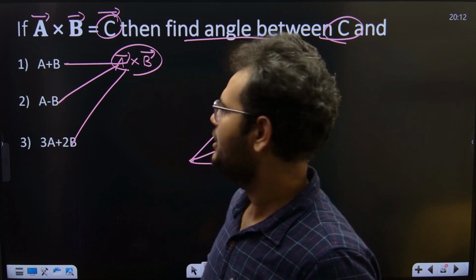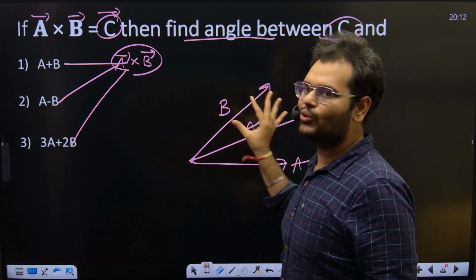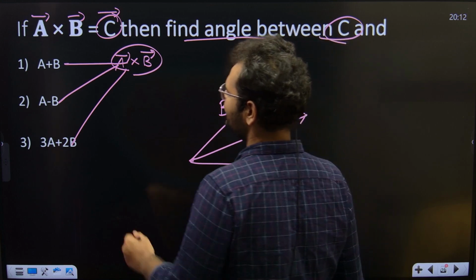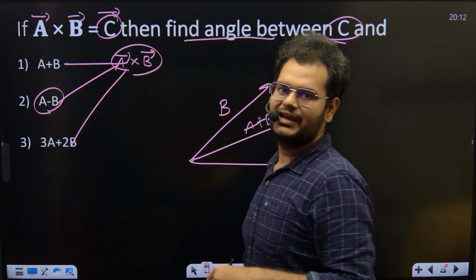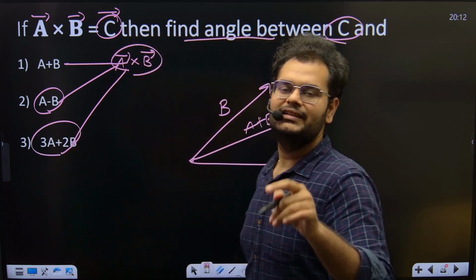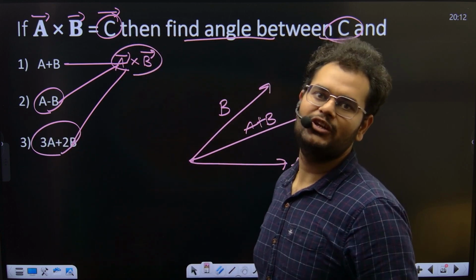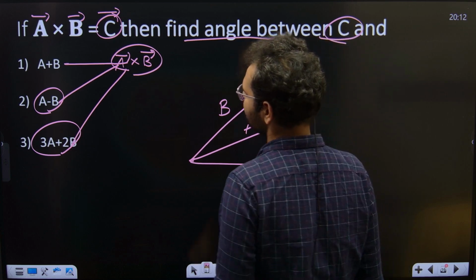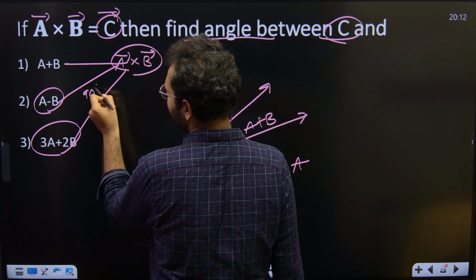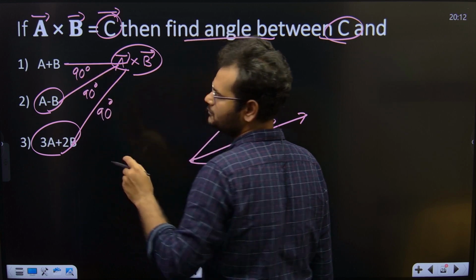Why 90 degrees? Because A plus B is lying in this board and C vector is perpendicular to this board. Similarly, A minus B will also lie in this board and C vector is perpendicular to this board. 3A plus 2B will also be lying in this board and C vector is perpendicular to this board. That means one thing is very clear, that the angle between all these is 90 degrees, 90 degrees, 90 degrees. Finish.